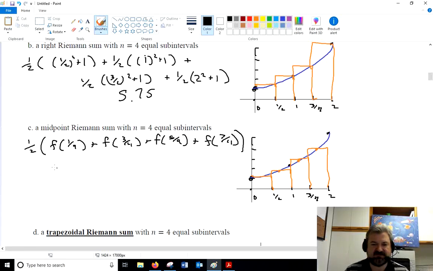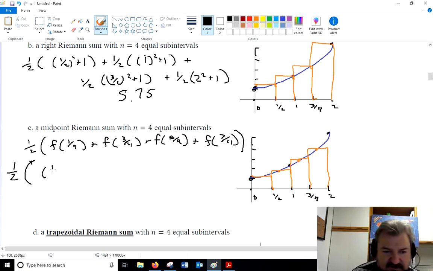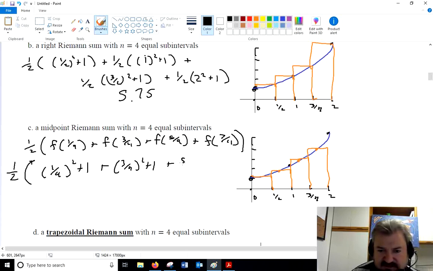Now, unfortunately, this is not accessible in the AP exam, even on a free response. You cannot leave it in terms of f of. You have to go in and write it out. So we'd have to write out 1/4 squared plus 1, plus 3/4 squared plus 1, plus 5/4 squared plus 1, plus 7/4 squared plus 1.